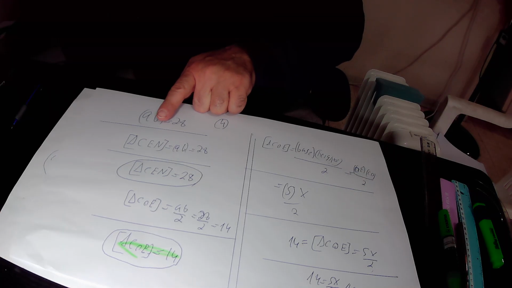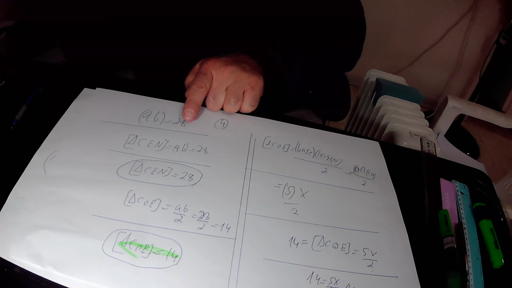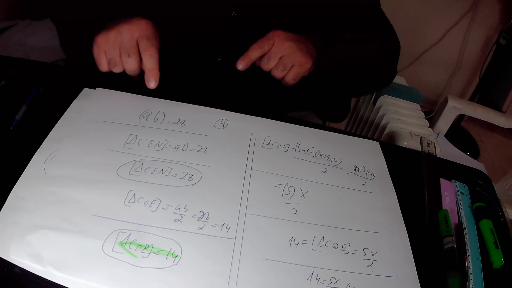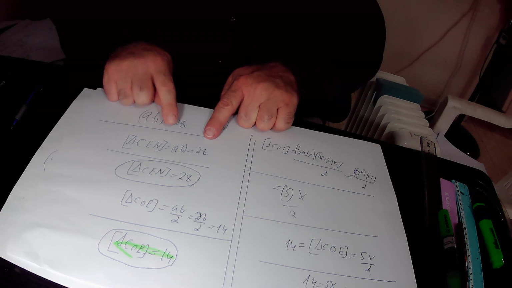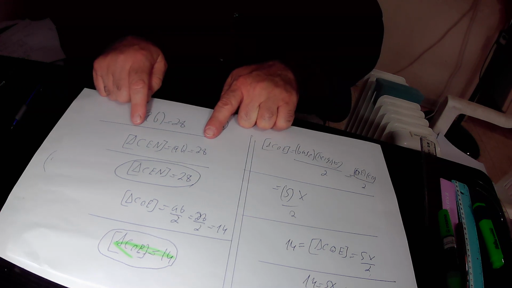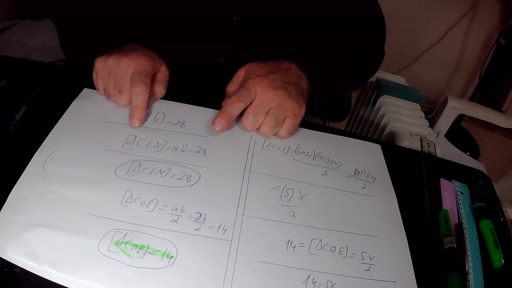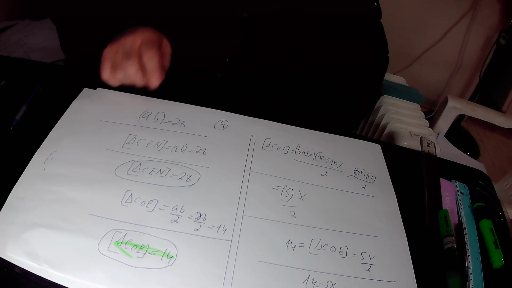So the area of the big triangle equals A times B, but A times B equals 28. That is to say, the area of the big triangle equals 28 square units in size.